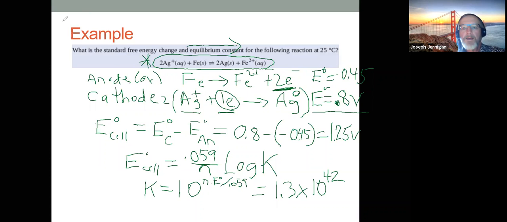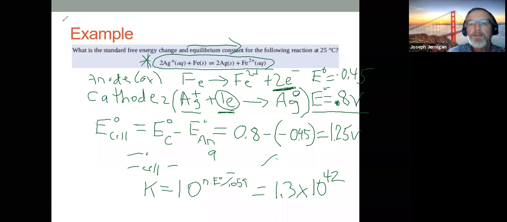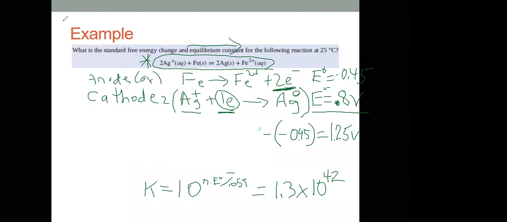Let's think about K here for a minute. Does that mean that reaction is favored as written? I think you know. Dr. Jernigan, go ahead. So did you do 10 to the 2 times 1.25 divided by 0.059?